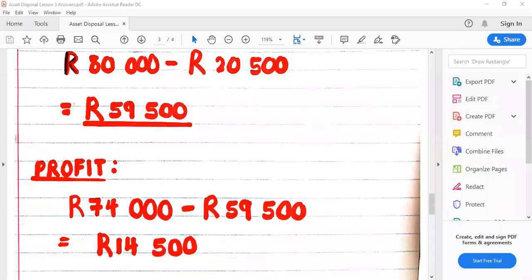Remember, we've done the steps with DCASP. It's called DCASP, and we've been working out all these figures for the T account called the asset disposal account. Let me show you guys what it is.